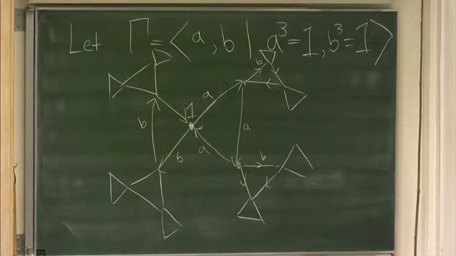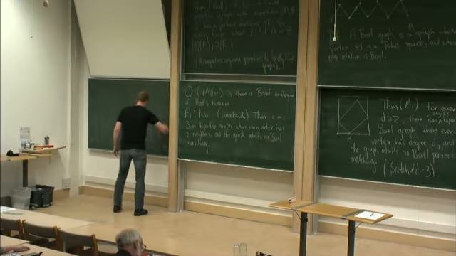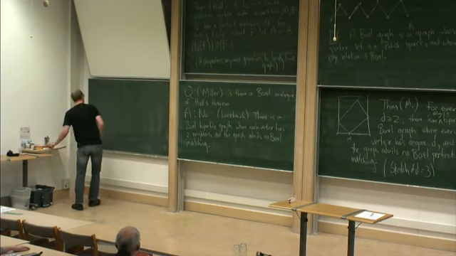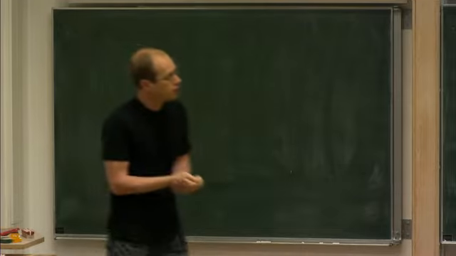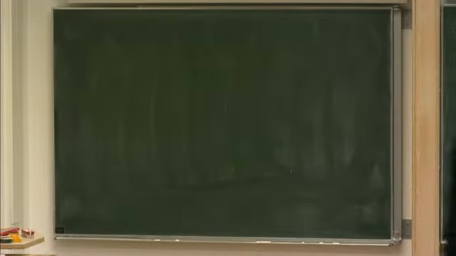My graph is going to live on the space of functions from that group to omega. And in fact, the group acts on that space of labelings.